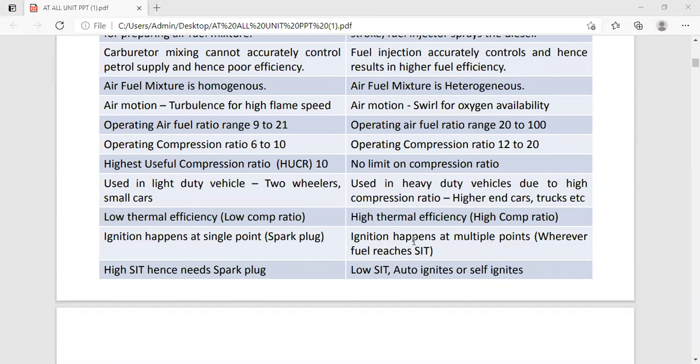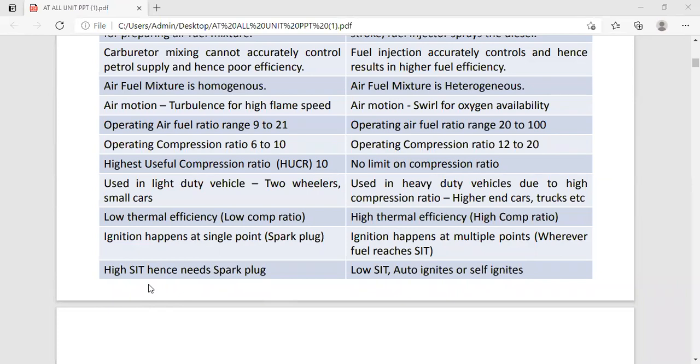But in case of the CI engine, ignition happens at multiple points, because due to compression action, fuel reaches SIT. SIT means what? Self-ignition temperature. Fuel gets self ignited. So at that point, due to the higher compression, the ignition will occur.